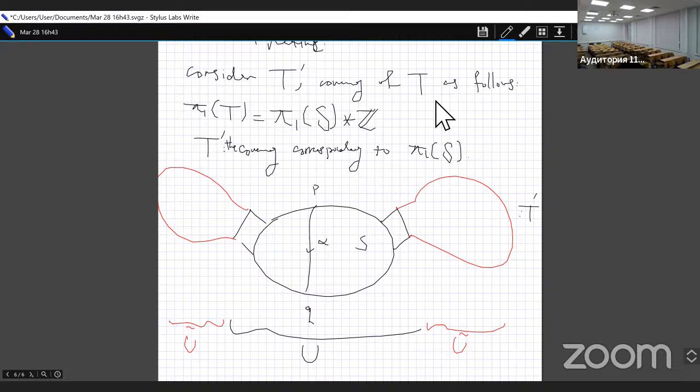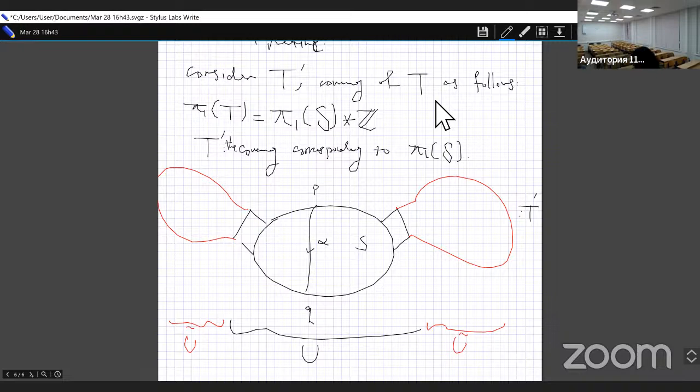I don't understand that. So we want the cover of T. T is the surface with the extra one handle. T prime is the whole thing.